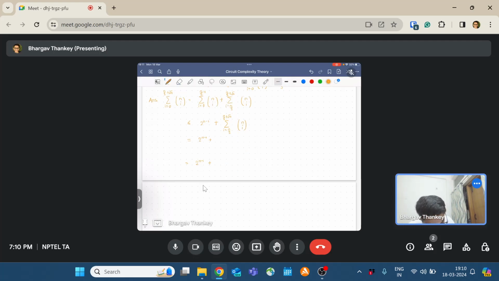Okay, so now we know that i goes from n over 2 minus root n to n over 2, because n choose k is the same as n choose n minus k. So when I put i equals n over 2, I get n over 2 plus root n, so I get this.